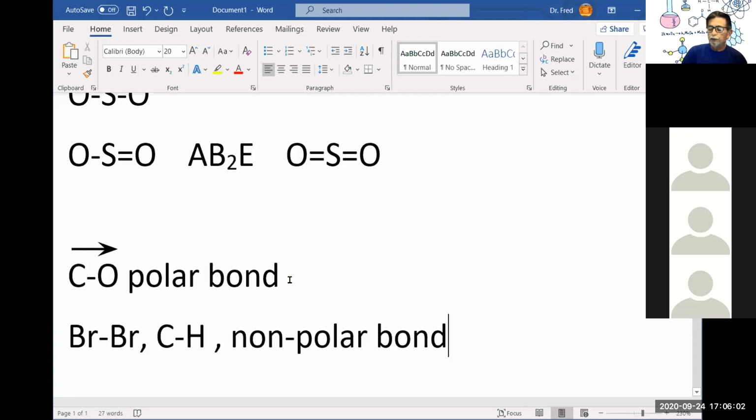When the structure was made, carbon dioxide had the formula of oxygen double bonded to carbon, double bonded to oxygen. Okay. That's carbon dioxide, CO2.